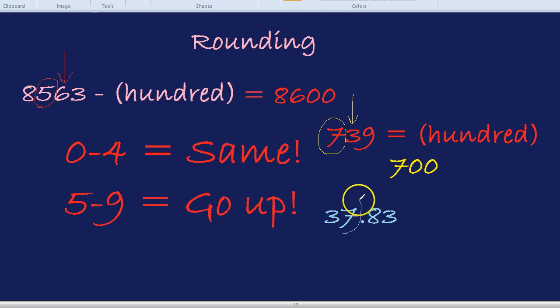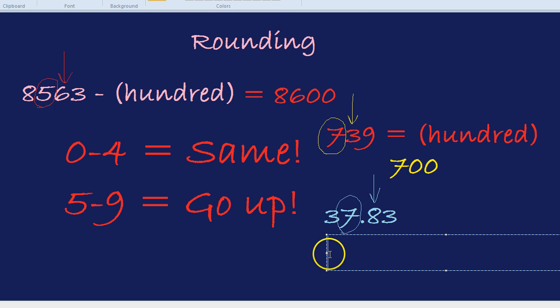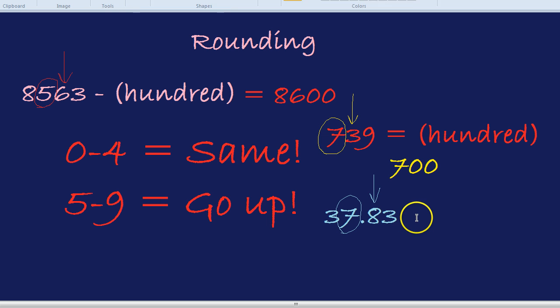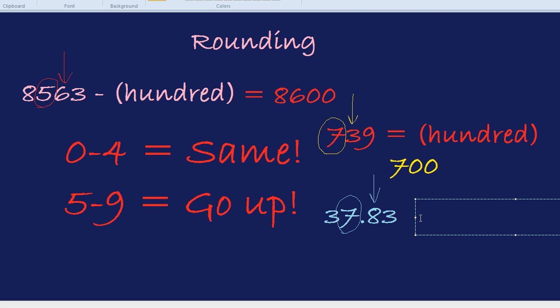It would be this one, the units. We circle it. We look to the number to the right. That's between 5 and 9. So the number in the circle is going to go up. So we get 38. And the rest of the numbers are going to become round. Now 38.00 is just the same as 38.